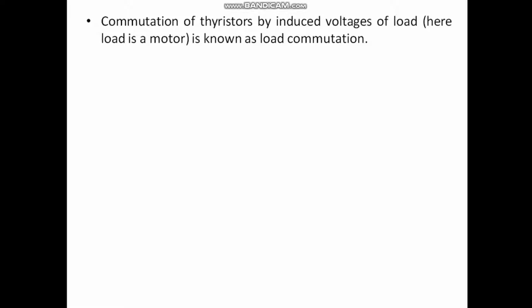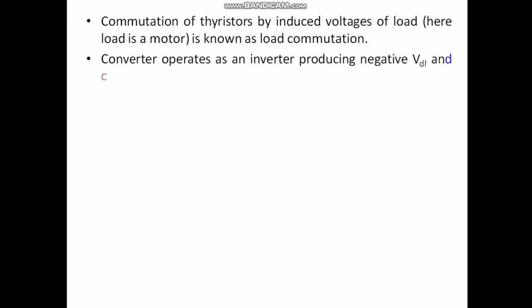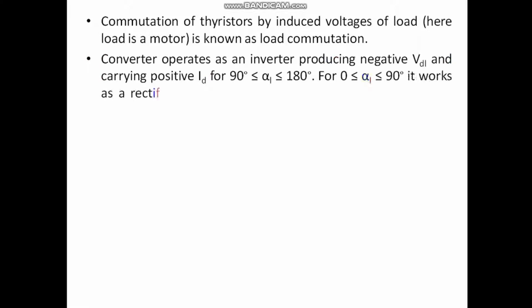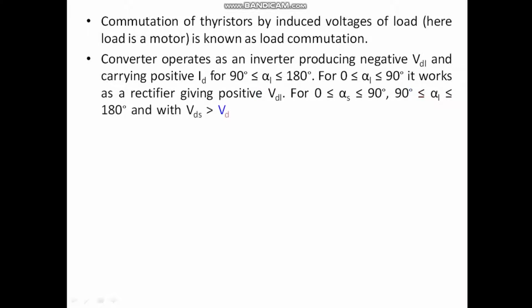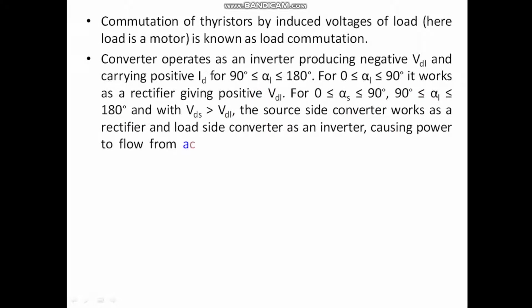So the converter operates as an inverter producing negative VDL and carrying positive ID for firing angles of 90 to 180 degrees. For 90 to 180 degrees my voltage is negative, however my current is still positive.